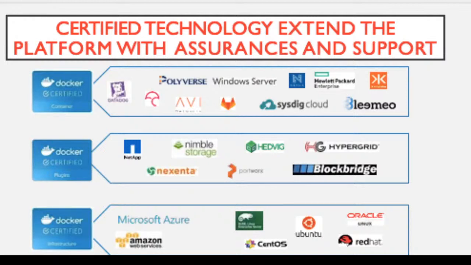They are certified technologies that extend the platform with assurances and support, and all of these extend their support to the Docker application, and that is why a Docker gains much importance. So that concludes the concepts of a Docker and how a Docker is important.